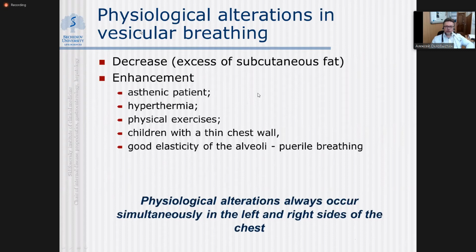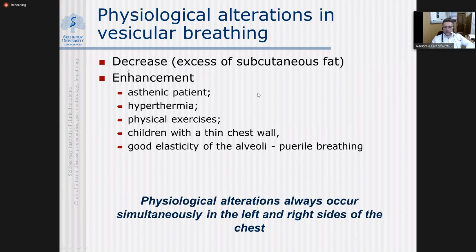What may happen to vesicular breathing? There may be some physiological, extrapulmonary changes that are quite obvious. If the patient is fat, obese, due to excess of subcutaneous fat, or due to extreme thickness of chest muscles in sportsmen, there may be a decrease in intensity of vesicular breathing.